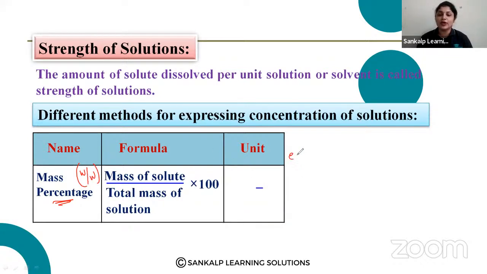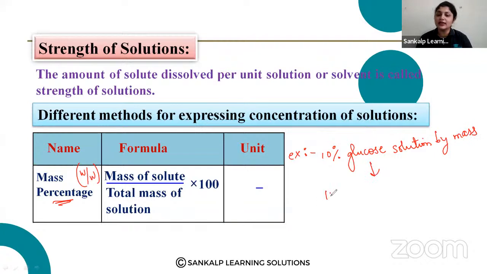For example, if there is a sentence that says 10% glucose solution by mass, what does this mean?